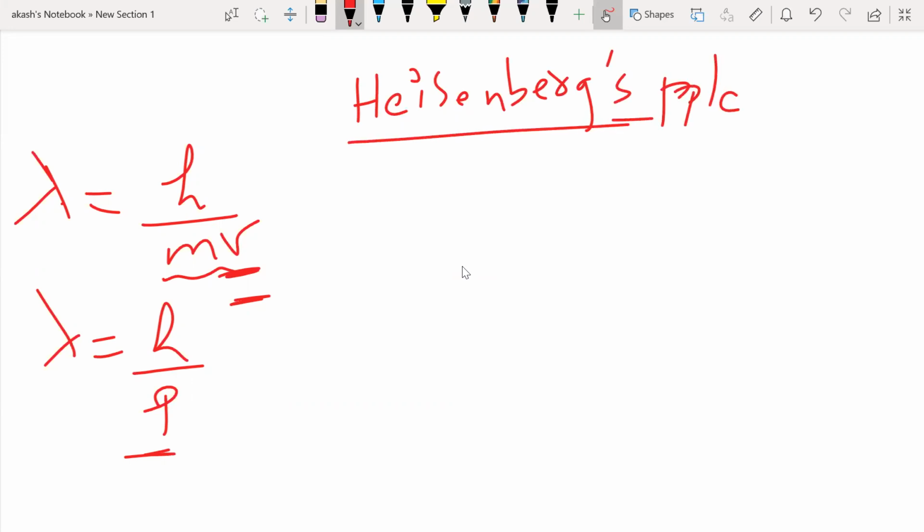Heisenberg's uncertainty principle. Please take down the statement. If you understand the statement, then you'll understand how it is a demerit for Bohr's theory.